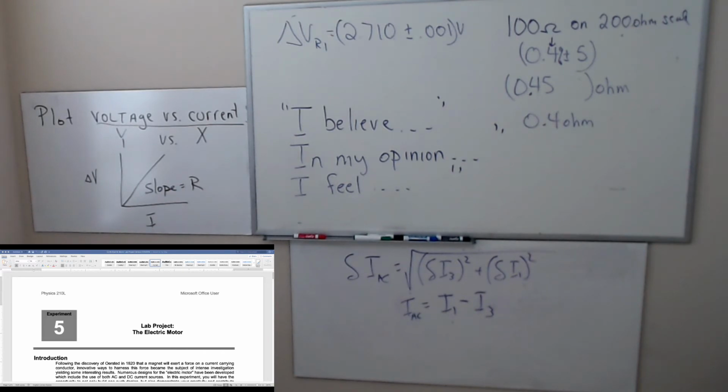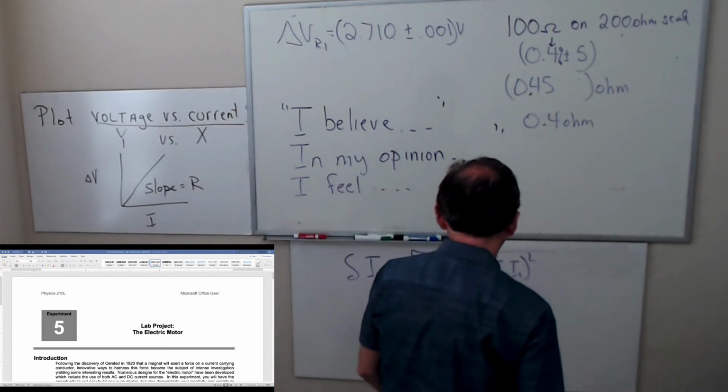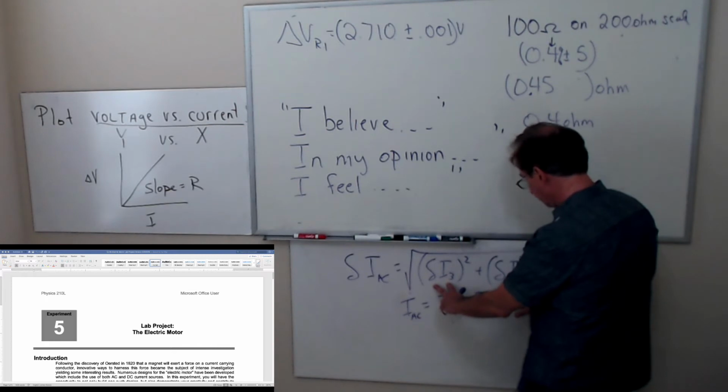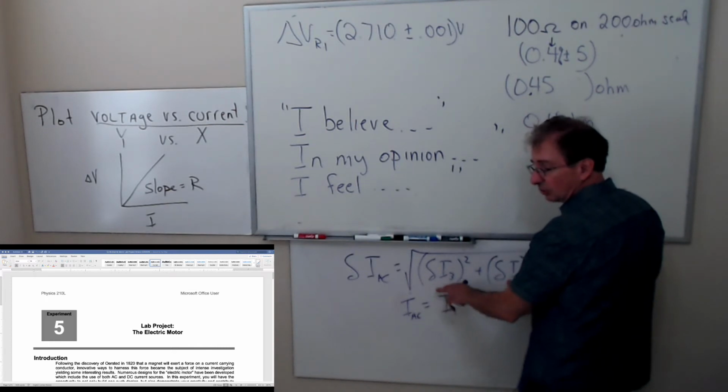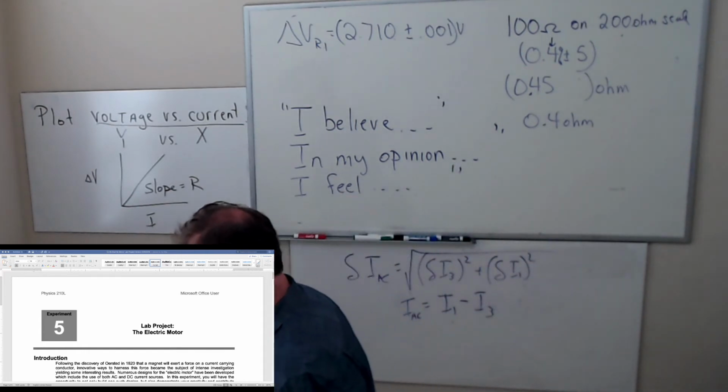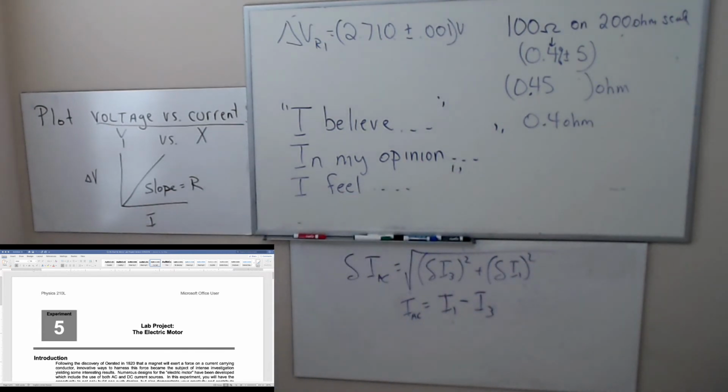Okay, so when you're doing a calculation for IAC, you will have calculated these already. So you're going to put these into the equation. You want to show your work, right? Did I answer your question? Maybe I'm not clear on your question.